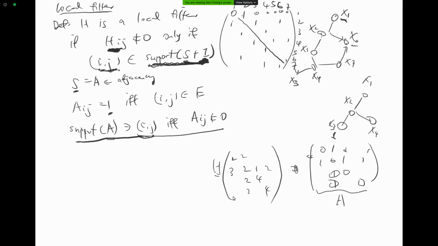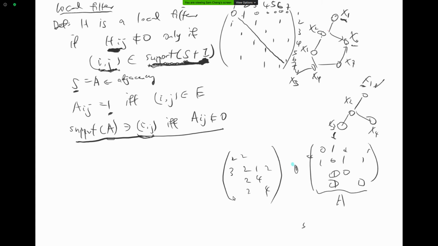Let's say I can have H something like that. So this one will be local, because from this graph structure, it will only take values from the neighbors, right? For example, for the first element here, when I have H, I multiply by x1, x2, x3, x4. Oh, let me just write it this way.